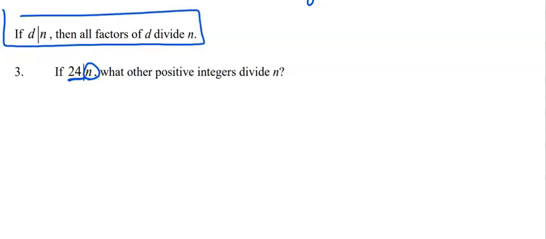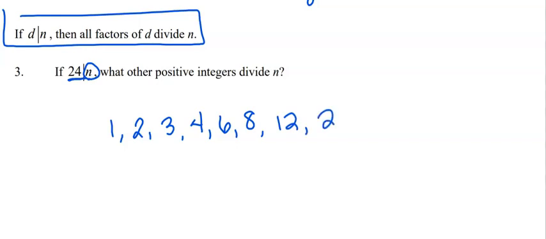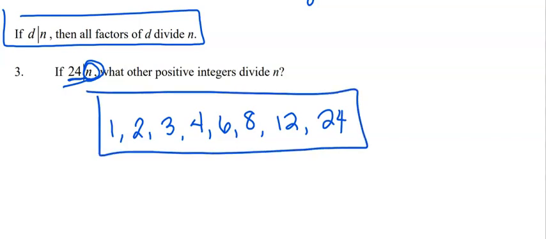So what are the factors of 24? 24 is divisible by 1, by 2, by 3, by 4, by 6, by 8, by 12, and by 24. So if this particular number n is divisible by 24, then it's also divisible by all of these numbers as well.